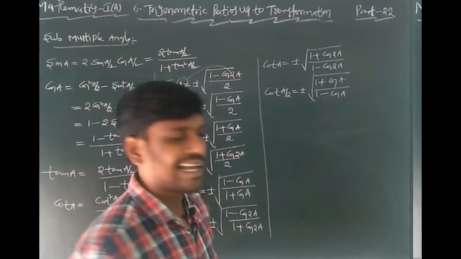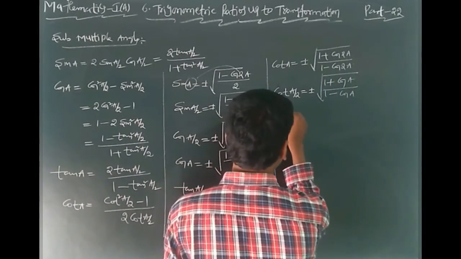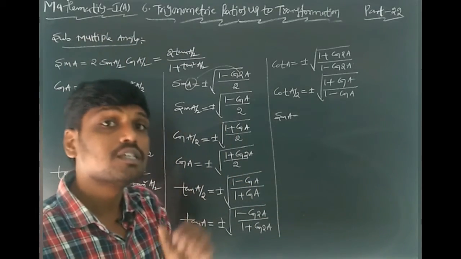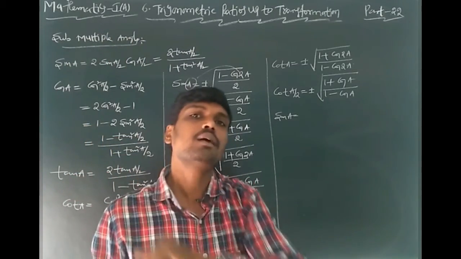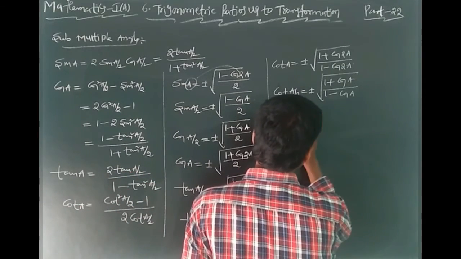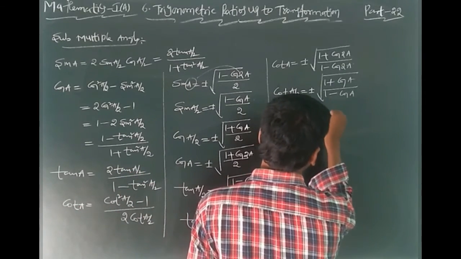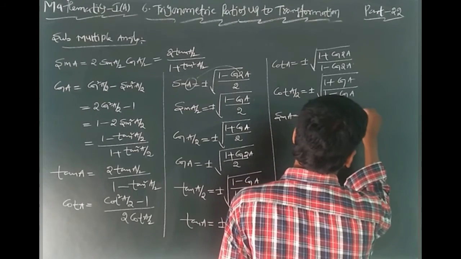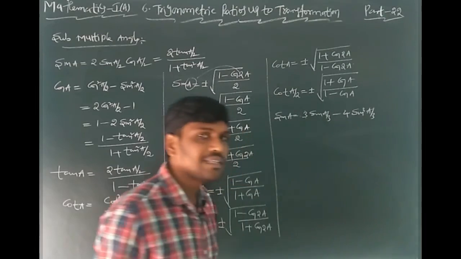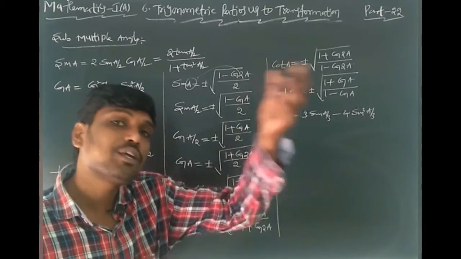Some multiple angle formulas are there. Sin a formula is 2 sin a by 2 cos a by 2. Suppose in terms of a by 3, you can write sin a equal to 3 sin a by 3 minus 4 sin cube a by 3.